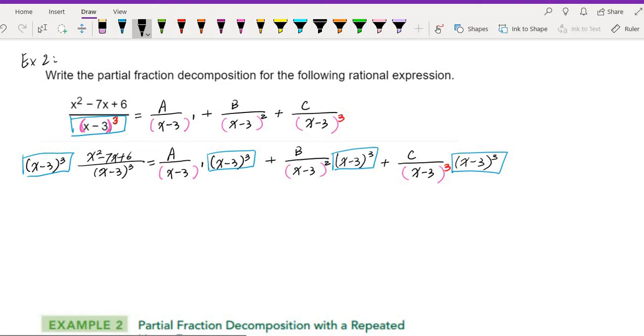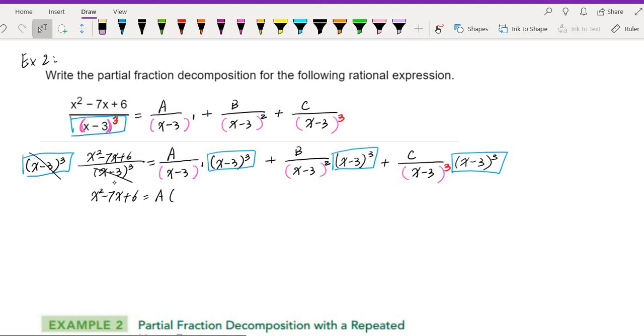Alright guys, I just multiplied every single term. Now we're going to simplify. We know the whole thing is going to cancel, so we're going to have x squared minus 7x plus 6. And then the second one: this is the first power, this is the third power, so basically you have a second power left.